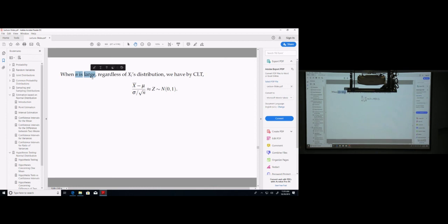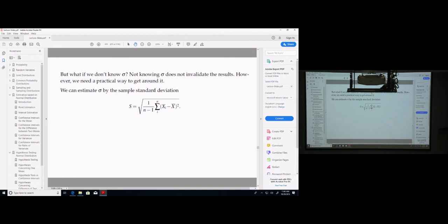In the first one, I do not require n to be large, but I require the population to be normally distributed. Here, I drop the normality assumption, but I need n to be large, and we can use our rule of thumb, when n is around 30 or above. Note that this is approximately standard normal, whereas in the previous slide it is exact.